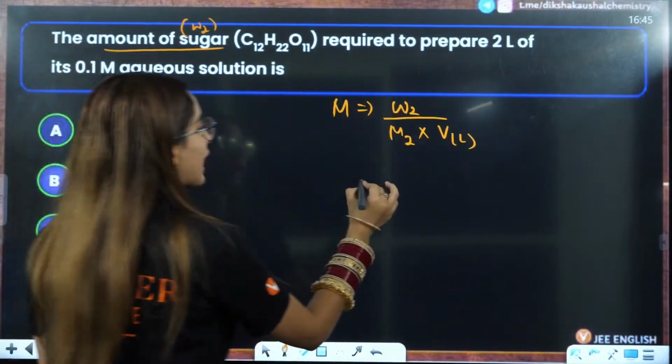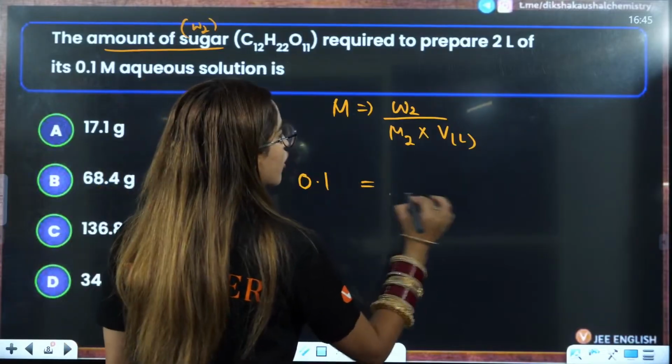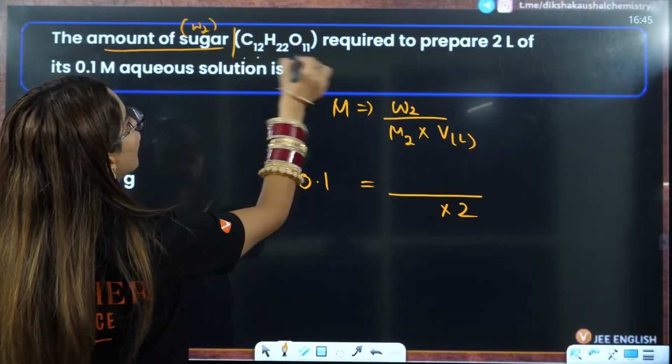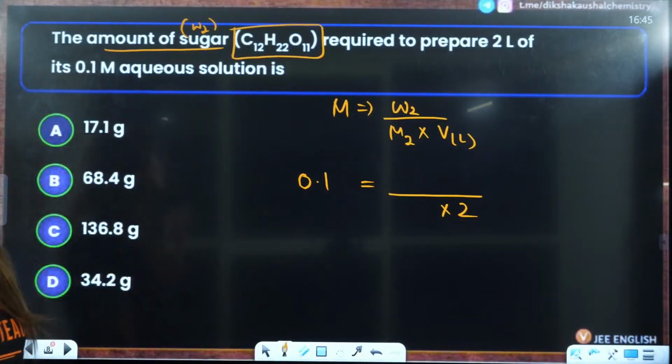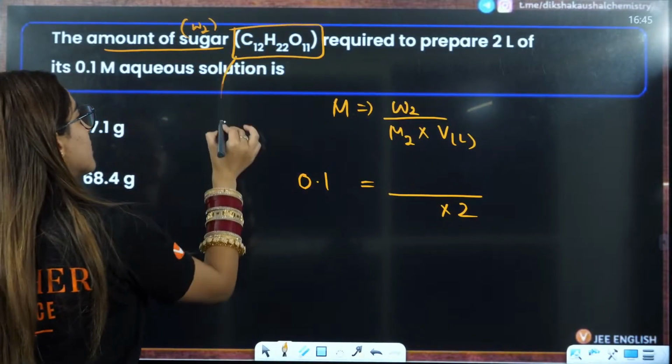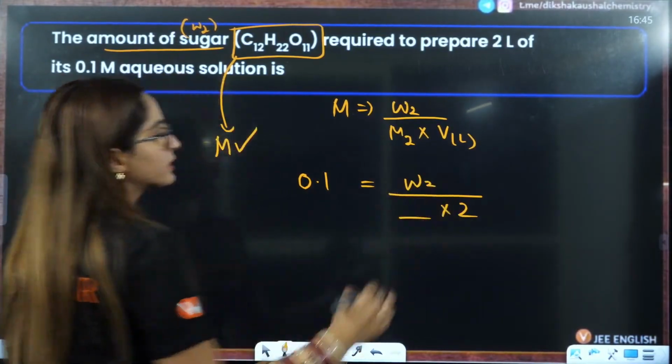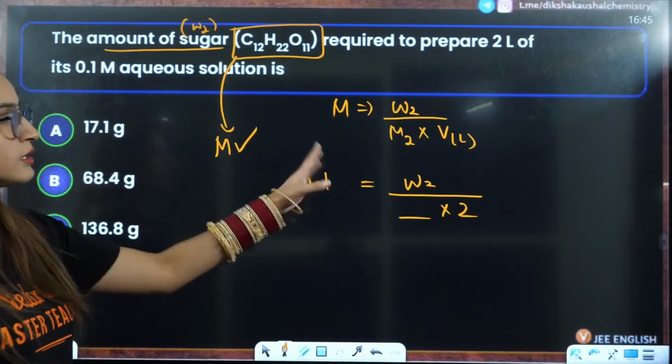We know that molarity is 0.1, volume is 2 liters, and the formula of sugar is given to you. You can easily calculate the molar mass here. Then you can put the molar mass here and you will get the value of W2.